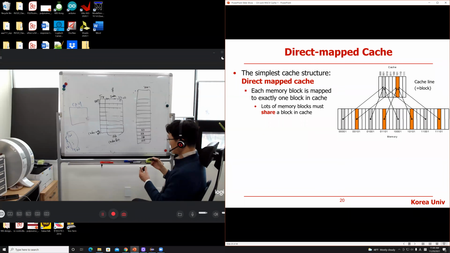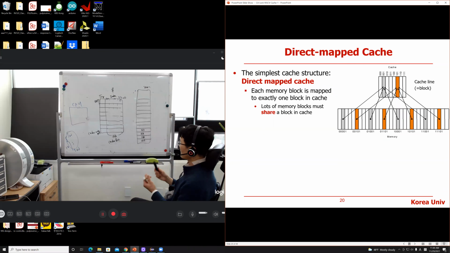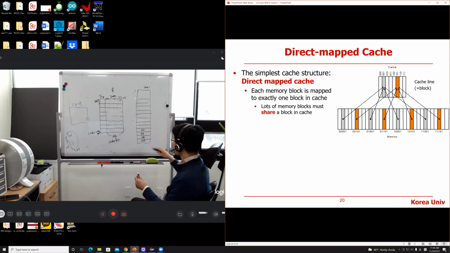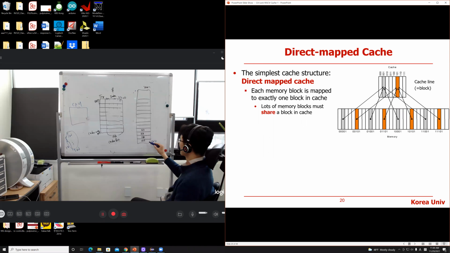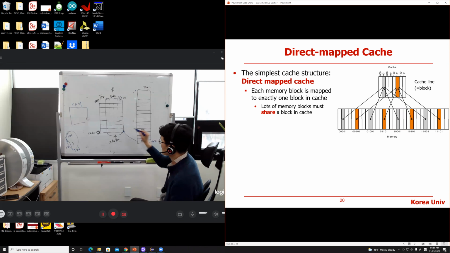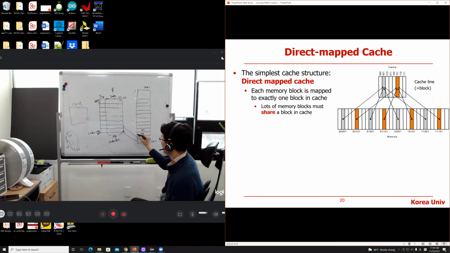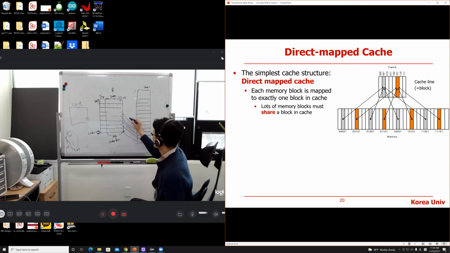Then in the direct mapped cache case, the mapping mechanism is very simple. Location 0: first memory block goes to first cache entry. Second memory block goes to second. Third goes to here, like this. Very simple. I should have drawn 4 only.